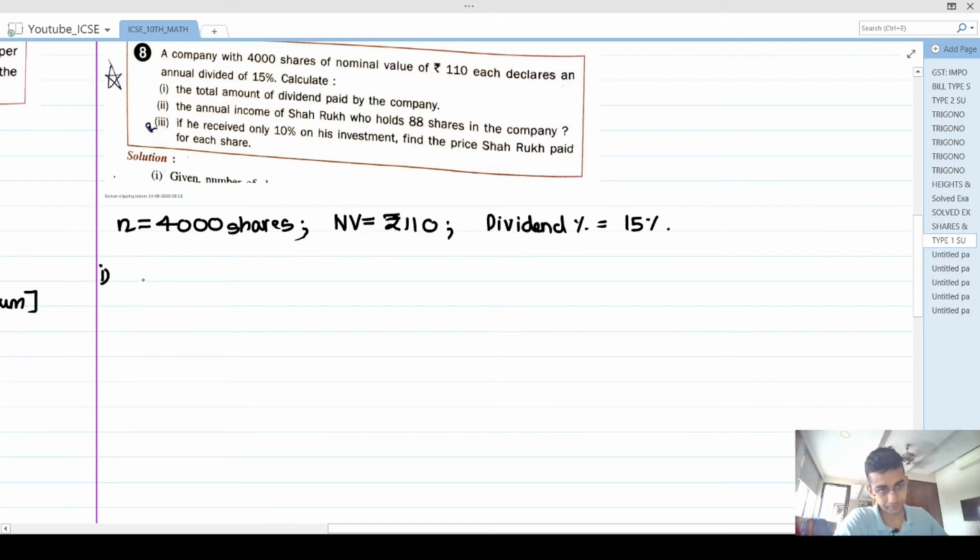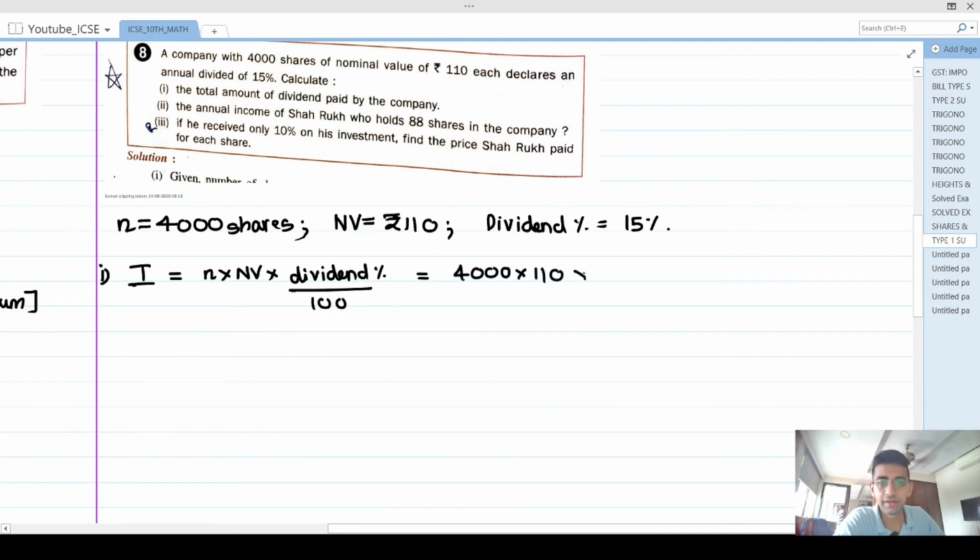Simple. So income, or the dividend, is equal to nothing but N into NV into dividend percent by 100. This becomes 4,000 into 15 upon 100.